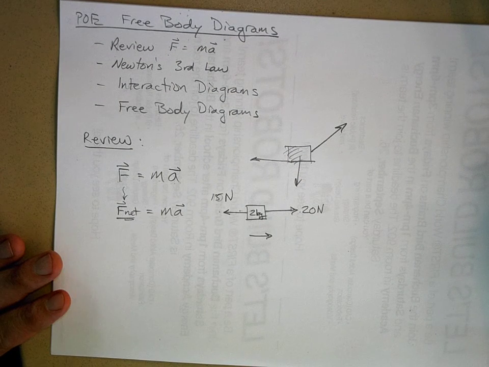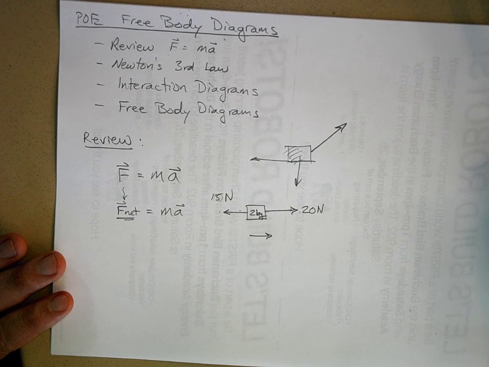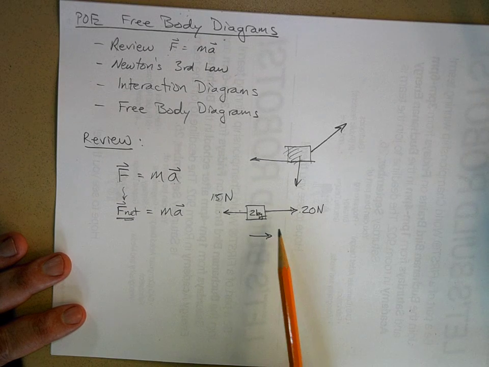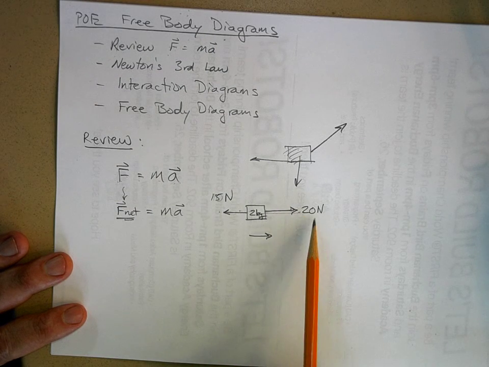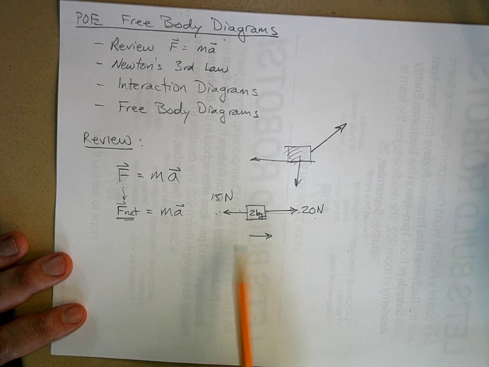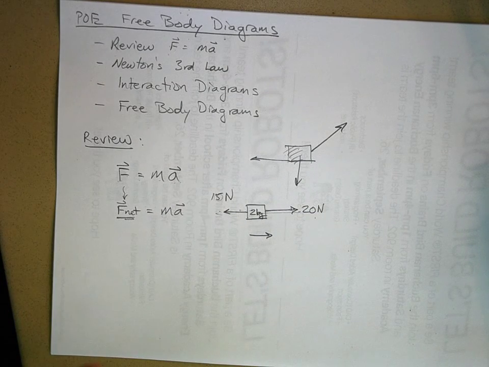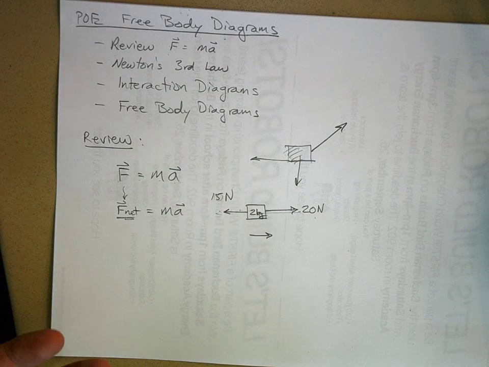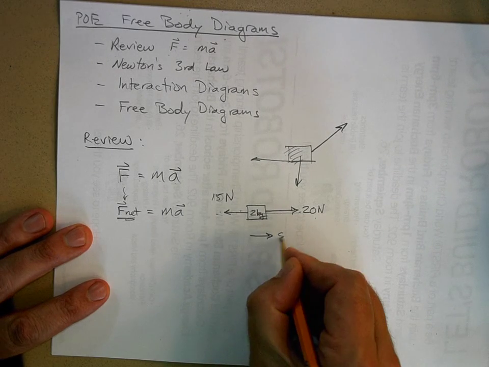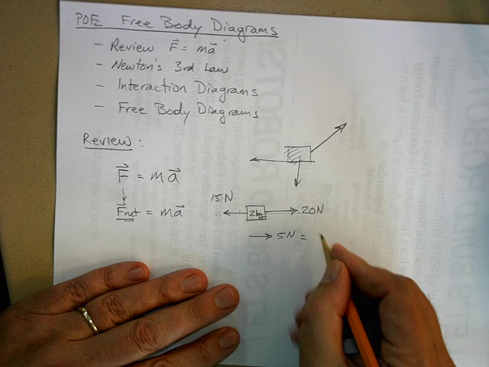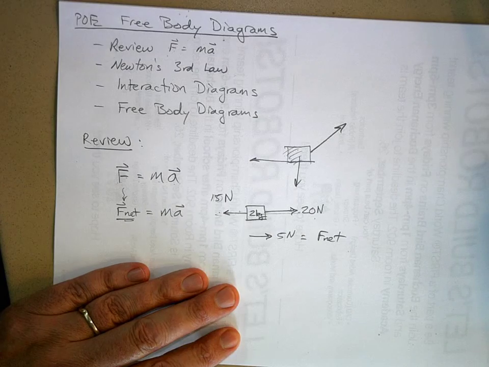We'll probably cover that later on. But for right now, it's pretty easy to see that if you pull to the right with 20 newtons and pull to the left with 15 newtons, the net effect is to pull on this with 5 newtons of force. So that's my net force.